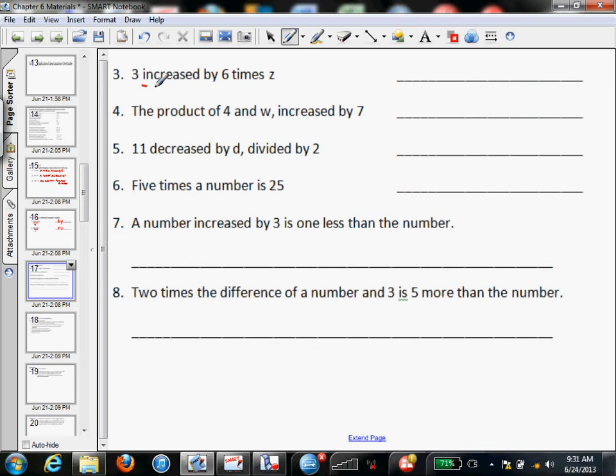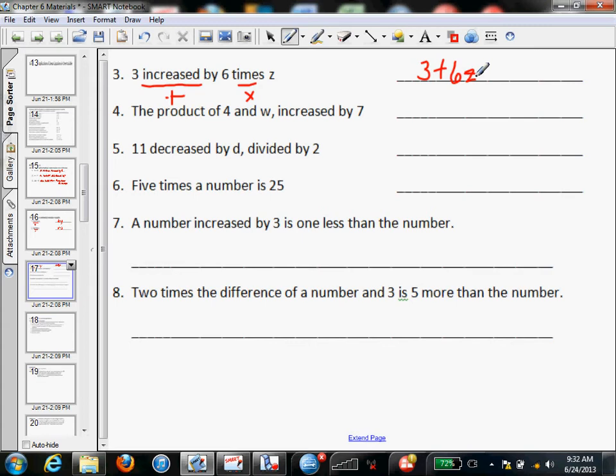So 3 adding, and then 6 times z means multiplication. So we can say 3 plus 6 times z. We can just write 6z.